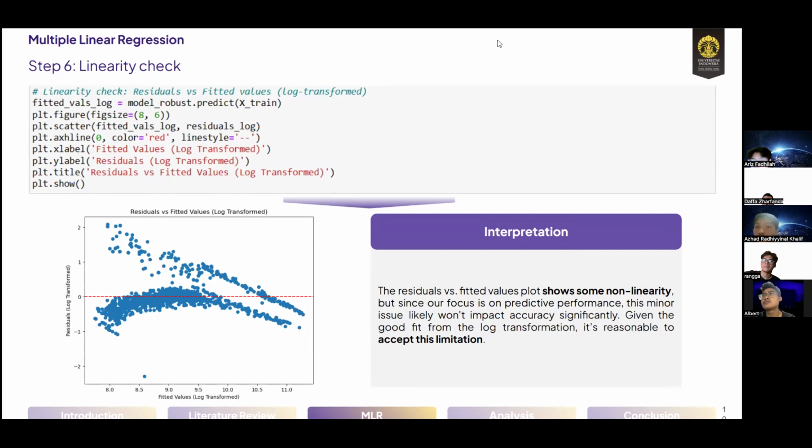For the coding, we can see the residual versus fitted values. The interpretation is that the residual versus fitted values plot shows some non-linearity, but since our focus is on predictive performance, this minor issue likely won't impact accuracy significantly. Given the good fit from the log transformation, it's reasonable to accept this limitation.